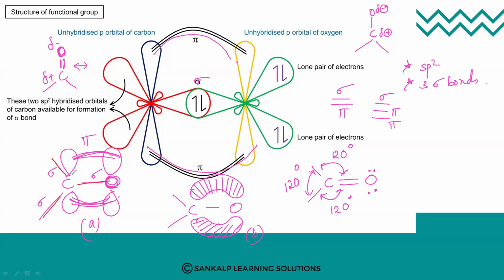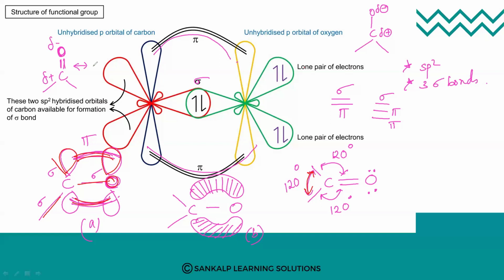One of the unhybridized p orbitals of carbon overlaps with the unhybridized p orbital of the oxygen atom, and it forms a pi bond. The pi bond formed will be one above the plane and another below the plane, and thus the bond angle between these atoms is 120 degrees.